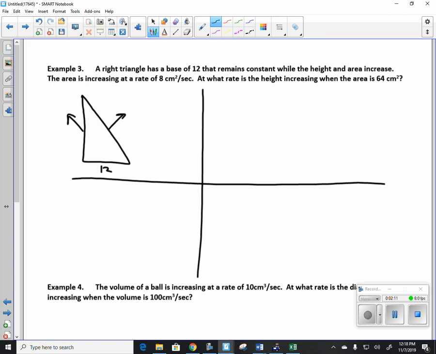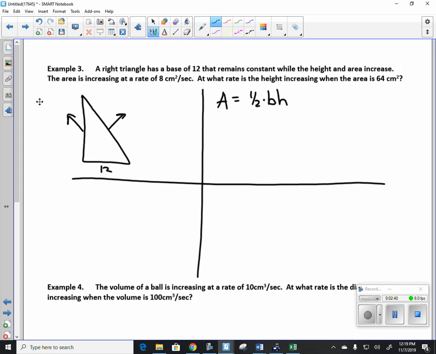What is the area of a triangle? 1/2 base times height. What's different about this example is that instead of 1 variable, we have 2. Remember when you took the derivative of xy, you had to use the product rule. If we took the derivative now, we would have to use the product rule. However, maybe we can avoid that.